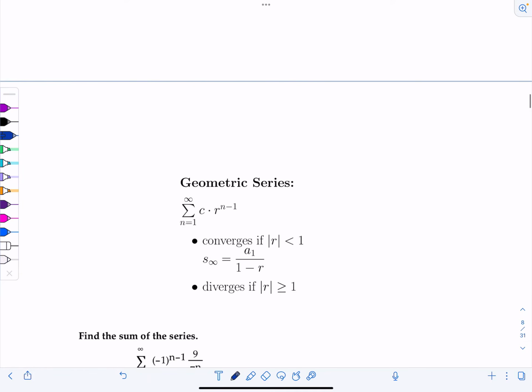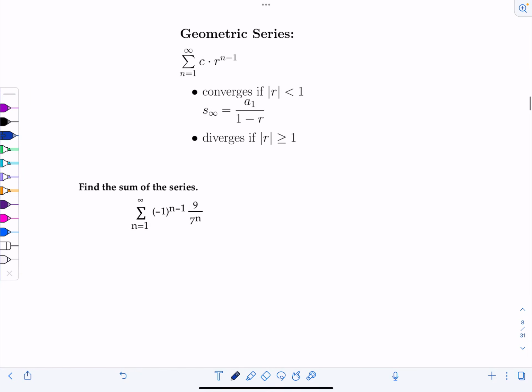Good. Now we talked a little bit earlier about geometric series being another kind of special series whose sum we can actually find. So geometric series have the following form: sum n equals 1 to infinity, though sometimes they'll start at 0. Then you have a constant times r, the common ratio, raised to the n minus 1, or it could be to the n, it just depends.